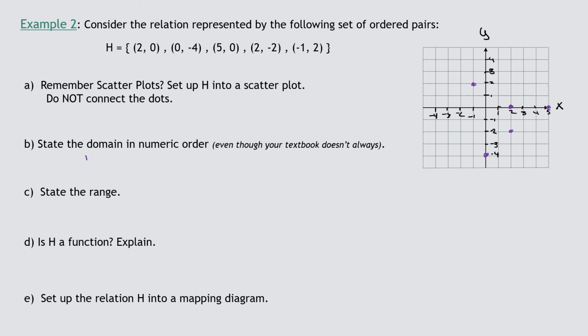So my domain, I'm going to start with a D, talking about my domain. Open a bracket. Domain, remember, those are all my x values. So what are all the x values in order? When you look at the coordinates up here, I'm just labeling the first one: the first is an x, the second is a y. So what's my smallest x? I always have to label domain and range from low to high. My low value is a -1.